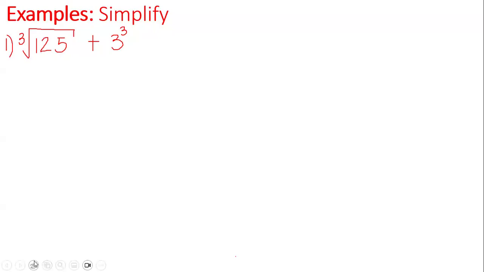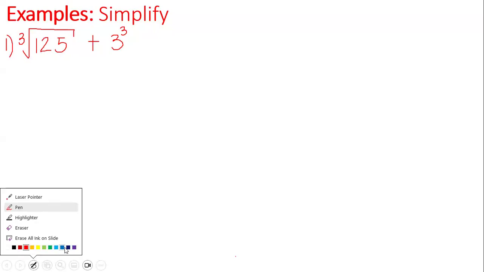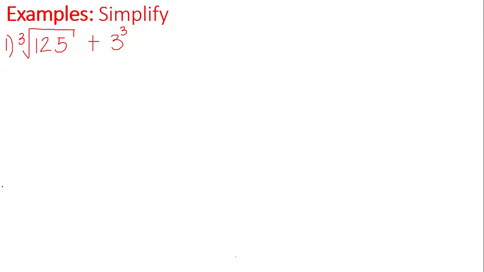Okay, so first of all, we have to figure out what we mean by the cube root of 125. You got 32? Okay. First things first. What does the cube root of 125 mean? 5 times 5 times 5?